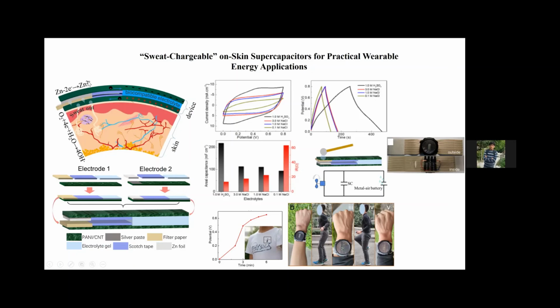These electrons can go through the supercapacitor device, and then it can work. So this is the device architecture, how they make these devices, and we can see their performance.